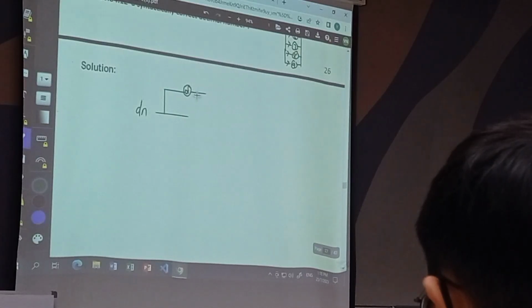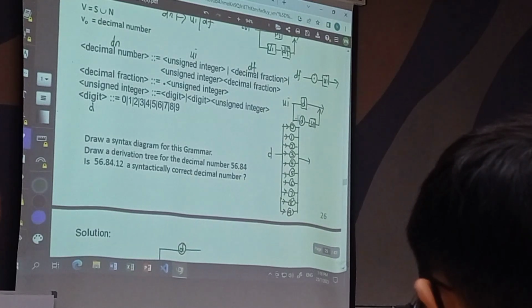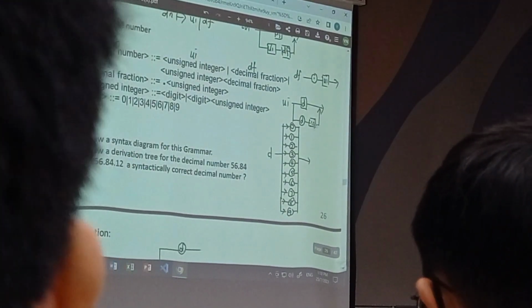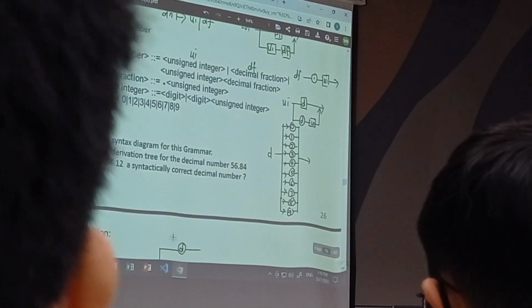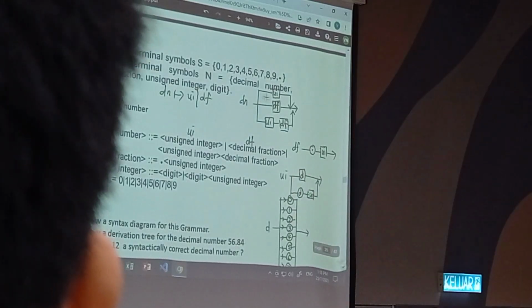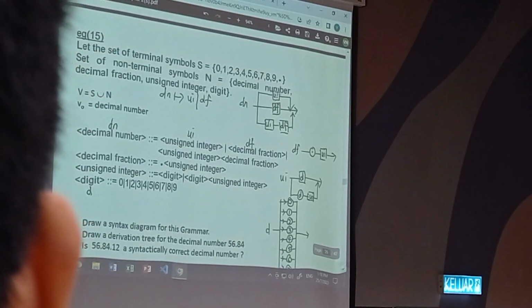Need to replace this one with the digit or digit unsigned integer. Okay? Because just now here is unsigned integer. Correct not? But unsigned integer is not a terminal. So we cannot have a non-terminal inside the master diagram. That's why we need to substitute the unsigned integer with this first. And after that, the digit we need to substitute with 0 to 9.